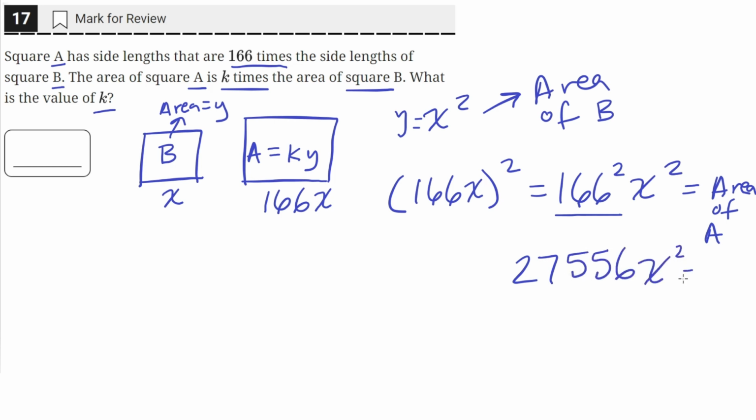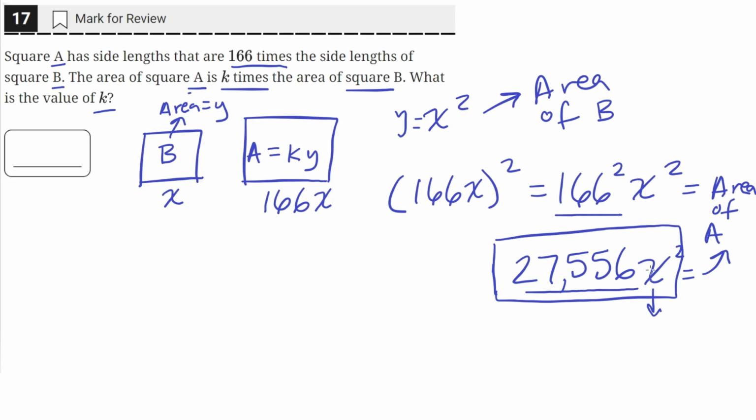So this is the area of A. And we can see that this giant coefficient here is the value of k, since it's being multiplied with the area of B. And the problem statement said that the area of A, this whole term, is k times the area of B. And the area of B is just this x squared.